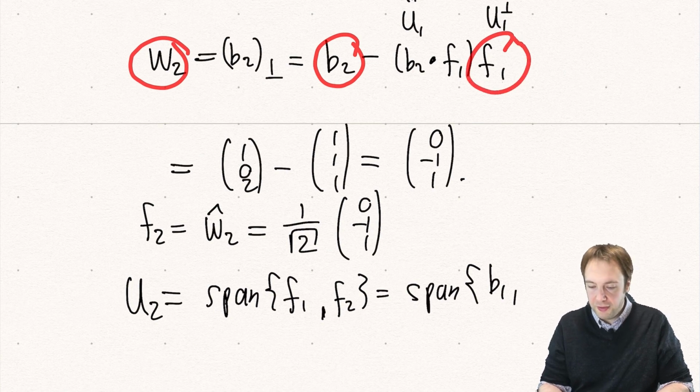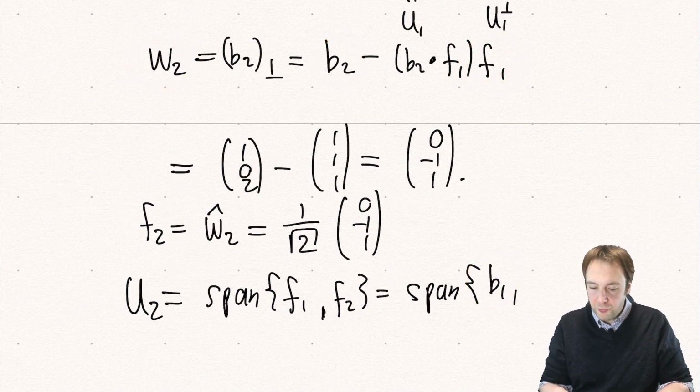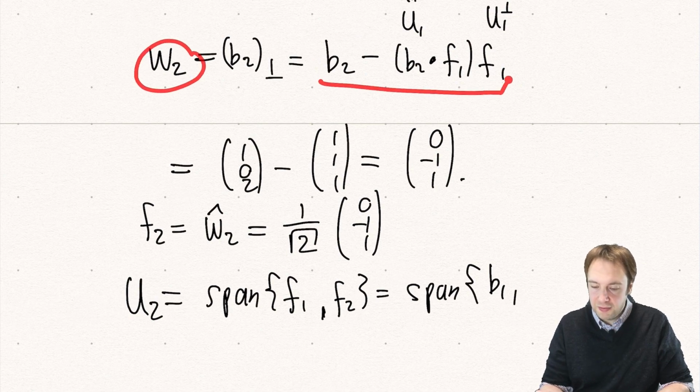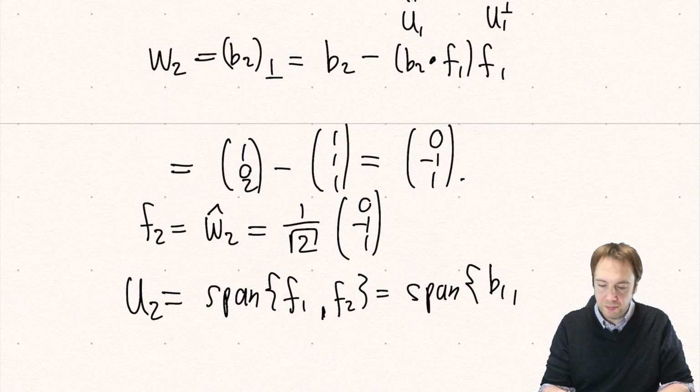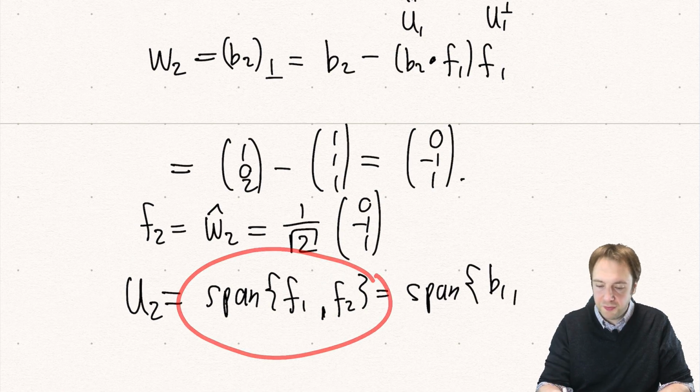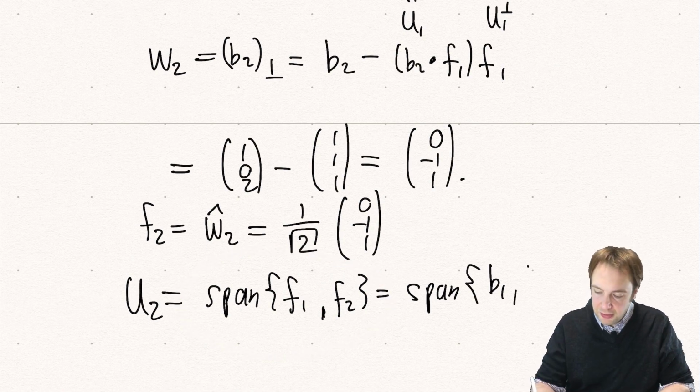Therefore, because F1 is also just a multiple of B1, we see that this vector is also in the span of B2 and B1. So if I take the span of F1 and F2, this is the same as the span of B1 and B2.